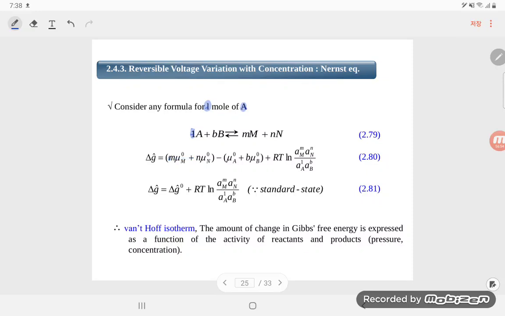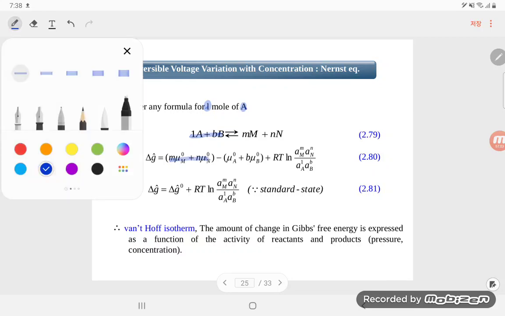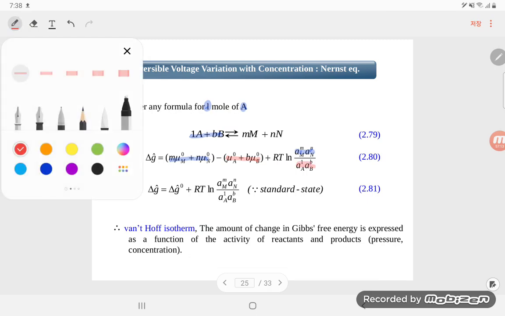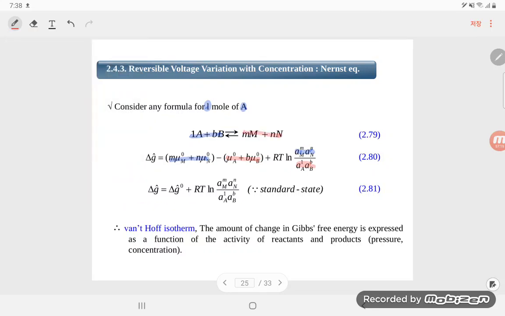This is the product one, okay? Product 1, and this is also product 1, right? And this is for the reactant. As we did for the product. What is this?